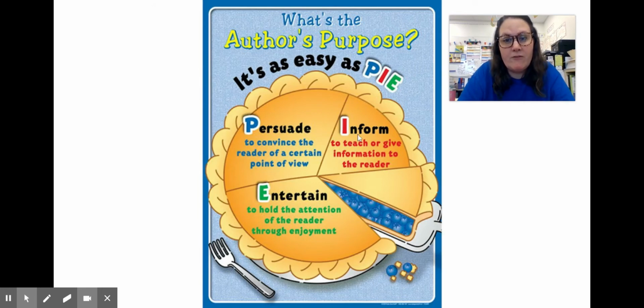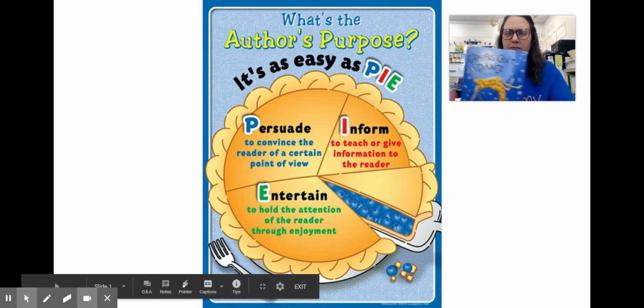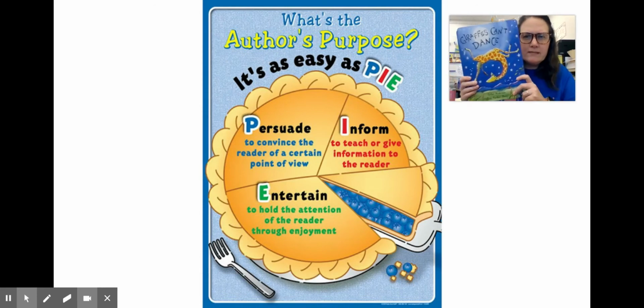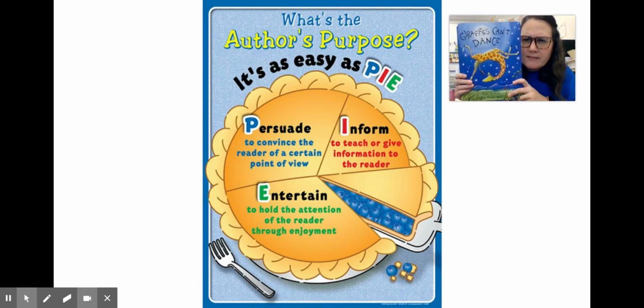Let's move to I for inform. Remember, inform means to teach or give information to the reader. Did this book give us real facts about real giraffes in the real world? No. It had a talking giraffe.